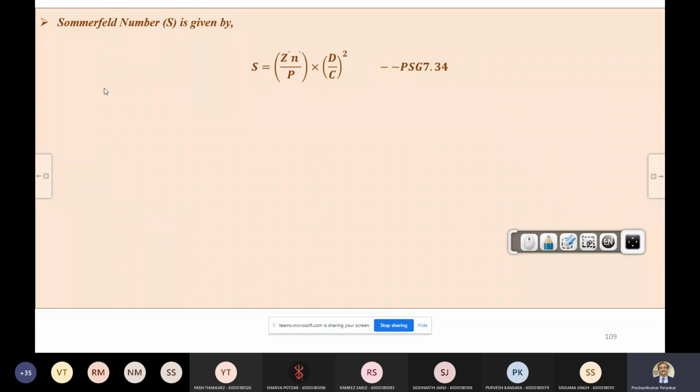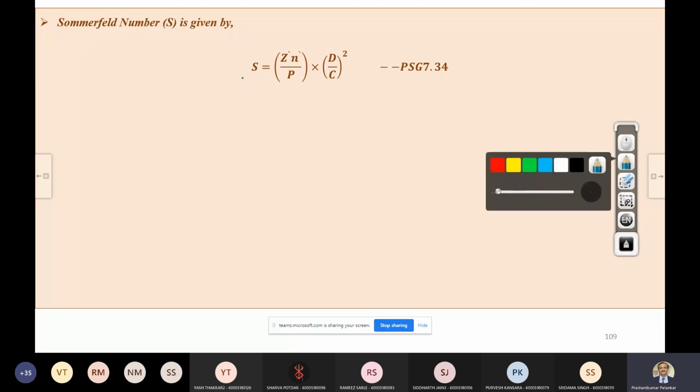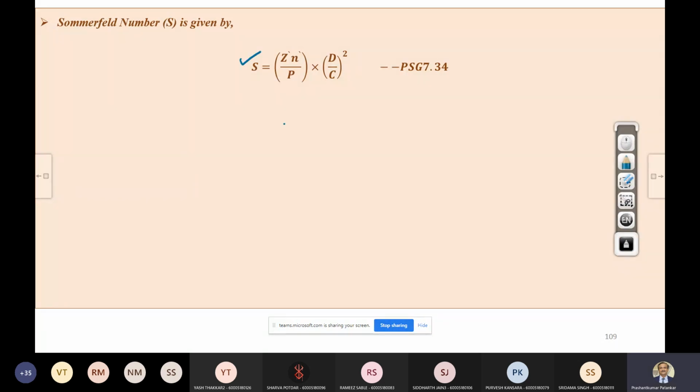The Sommerfeld number is given by this particular formula, where we denote it with the notation capital S, and it is equal to Z dash into N dash divided by P, into (D upon C) whole square. This particular number is known as your bearing characteristic number.